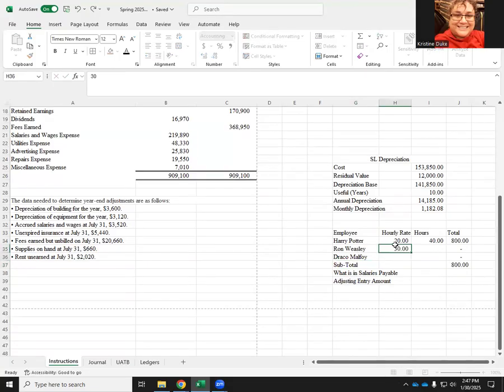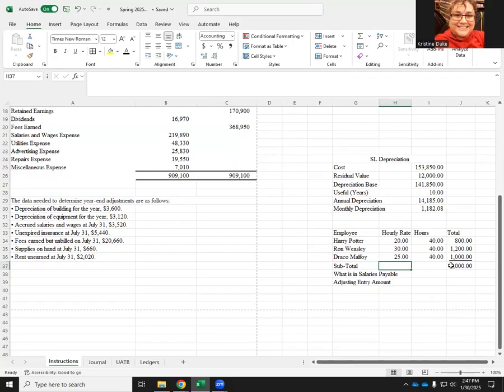Let's say Ron gets 30 and I like Draco, so we'll give him 25. And let's just make them all 40 just to make it easier and not cause any drama between the employees. Right now, I owe $3,000 worth of wages as of January 31st. Now, normally what we do is we look to see if there's anything in salaries payable or credit already.